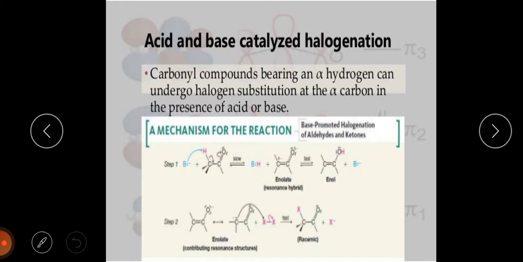In this mechanism, the base will attack the alpha proton and an enolate will be produced, which is a resonance hybrid structure. It is the fastest step. After that, in step 2, this enolate will react to form a racemic product and a byproduct, which is also a halide.